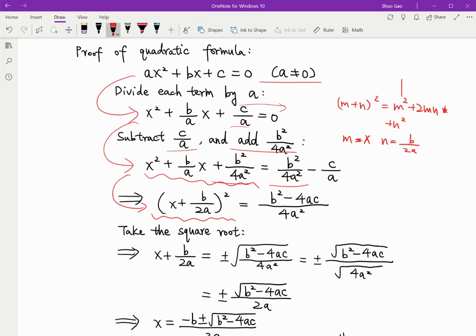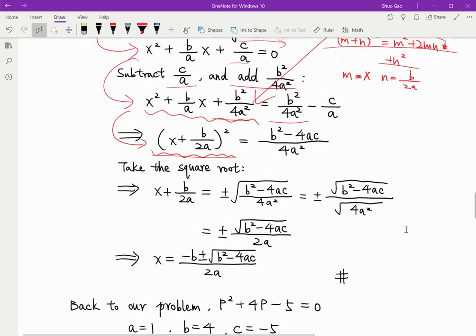So this becomes x squared plus 2 times x times b over 2a, plus m squared, which is b over 2a squared. So this is just the three terms here. We use the general formula to combine the three terms into one large term.